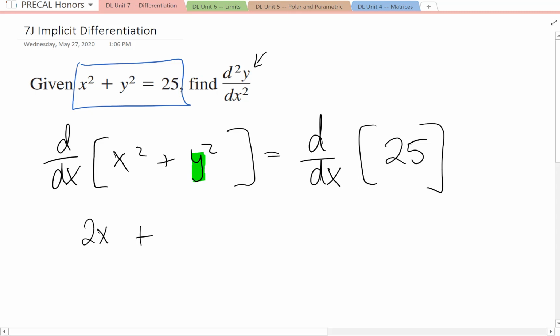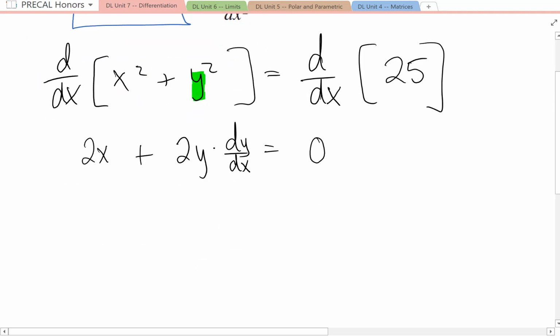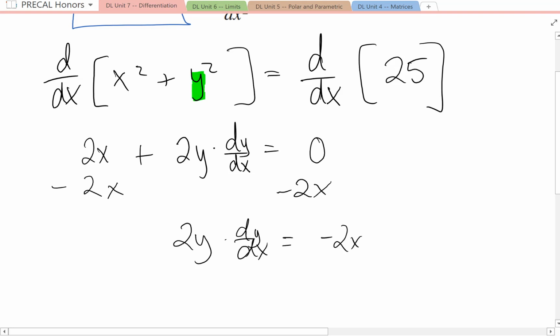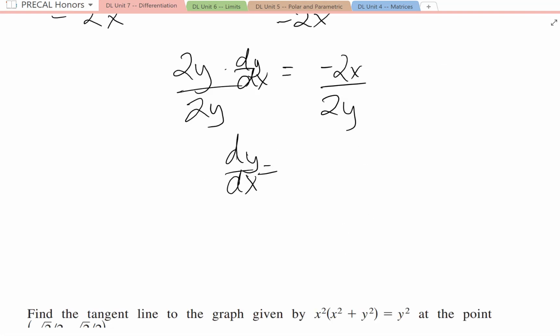That is 2 times y to the 1 times the derivative of the inside, which is the derivative of y with respect to x, is equal to 0. Get dy dx by itself by subtracting 2x on both sides, and then you'll divide by 2y. When we reduce, we get negative x over y.